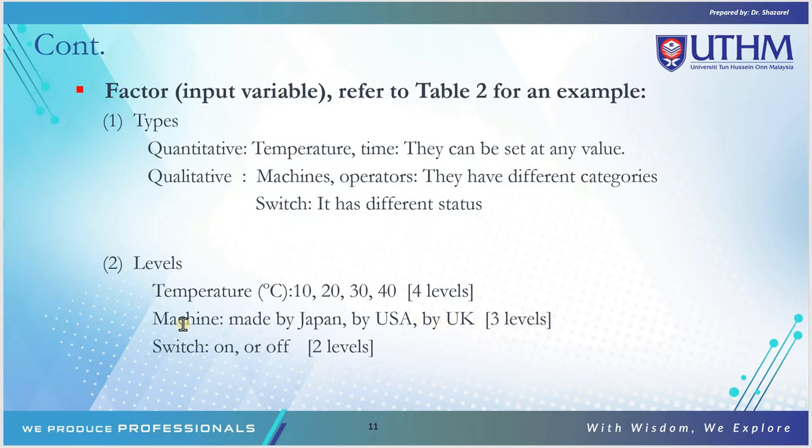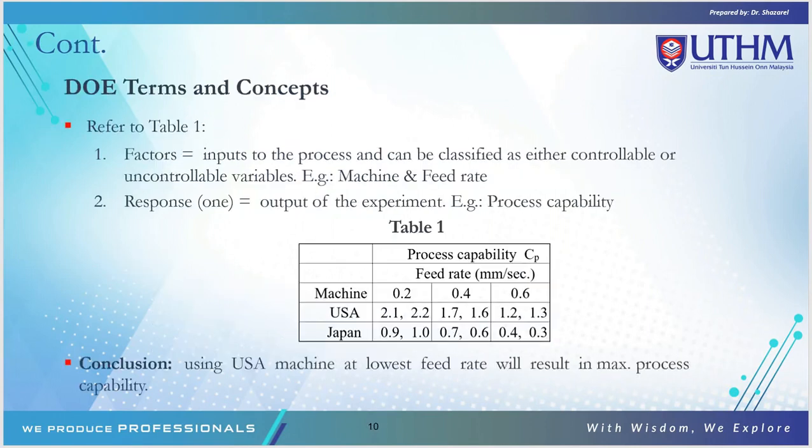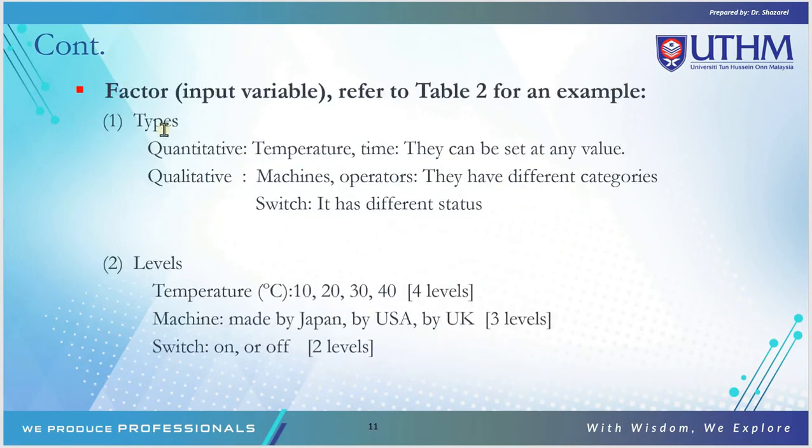And for the switch just now, we have on and off. Sorry, the factor is the switch, whether it is switched on or switched off, so the level is only 2. I hope you already understand what a factor is, what a response is, the types of factors, and also the levels of the factors.